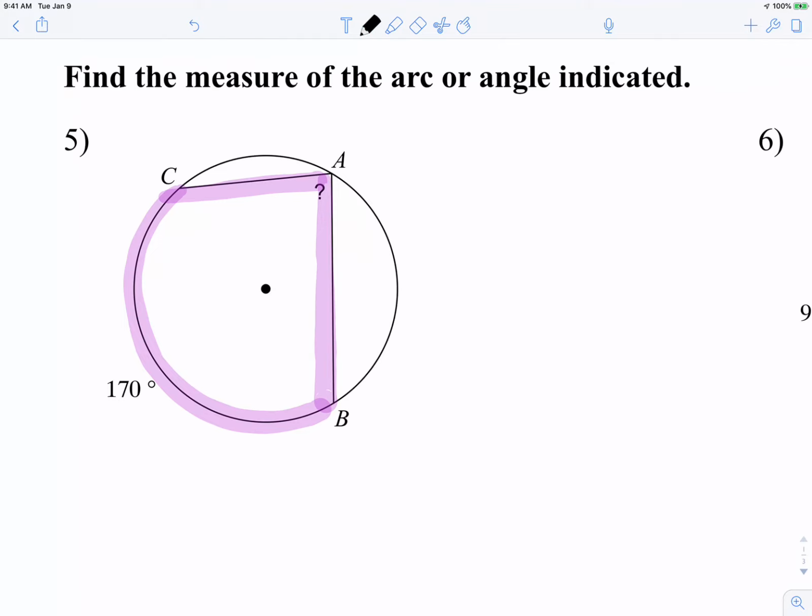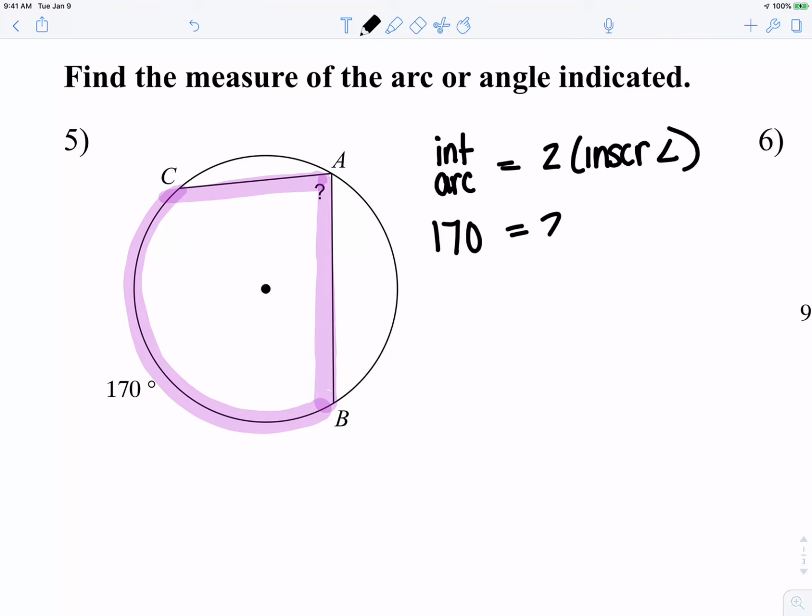And we know that the intercepted arc is equal to 2 times the inscribed angle. So if I look at the intercepted arc's measure, that's 170.